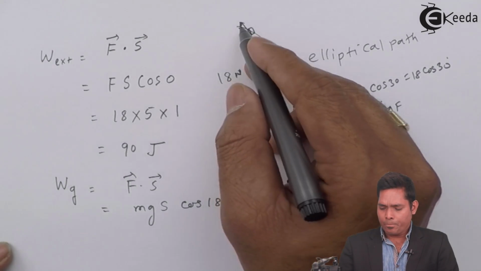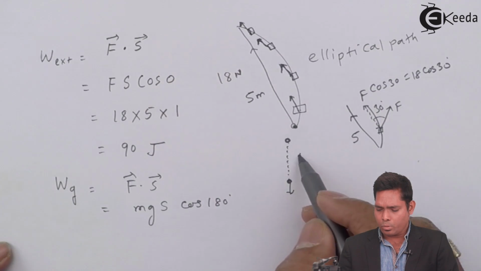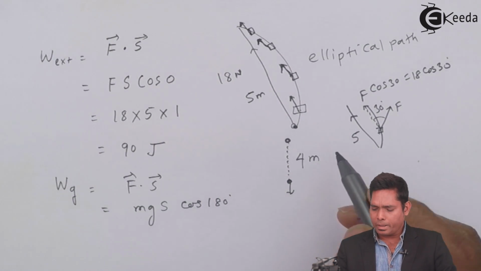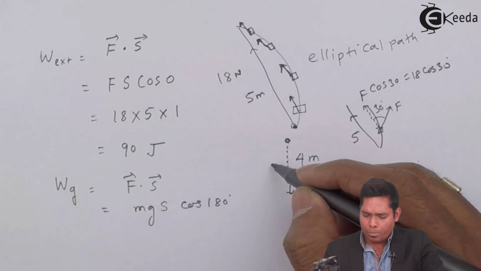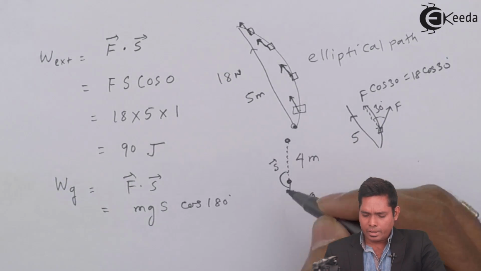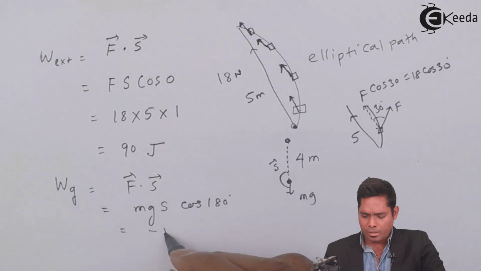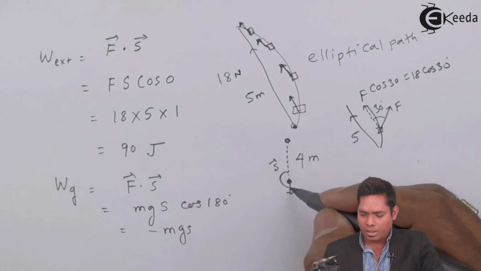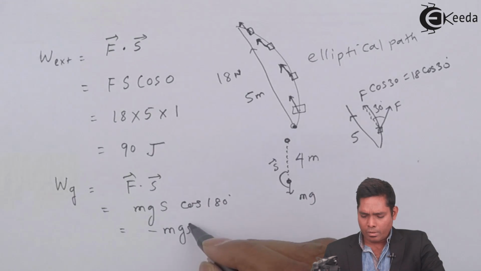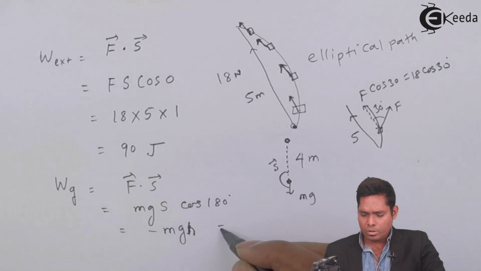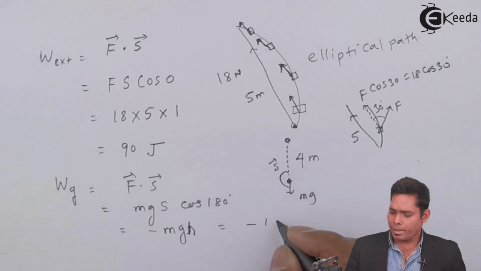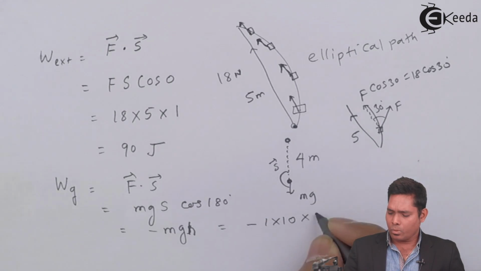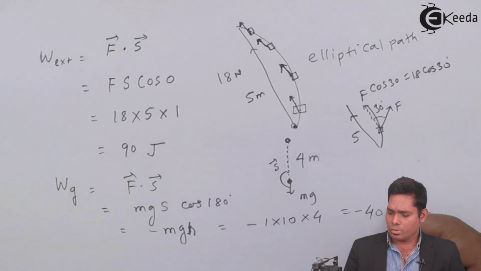The vertical height here is 4 meter. mg is acting downward and the displacement is in the upward direction, so there is an angle of 180 degree, so it is negative: minus mgh, where h is the vertical height. The mass is 1, acceleration due to gravity is 10 and height is 4, so it is minus 40 joule.